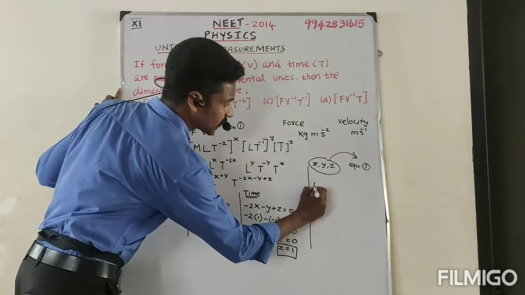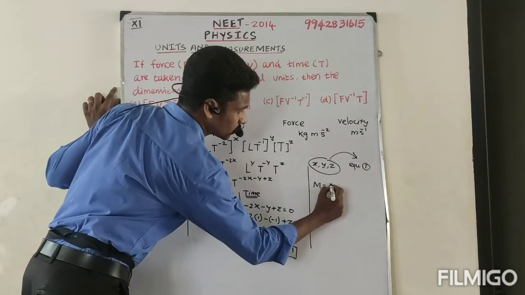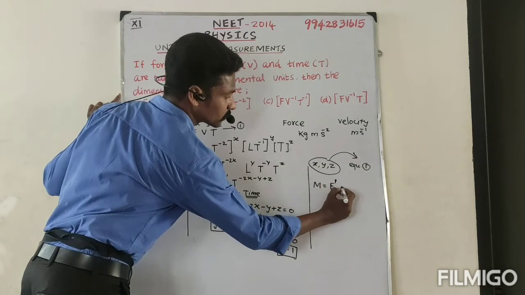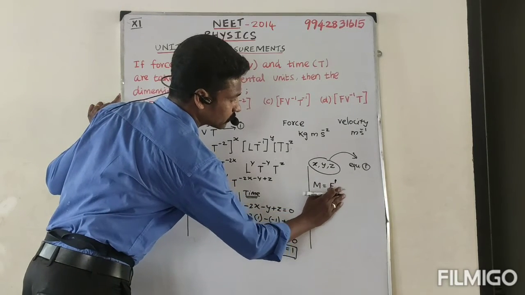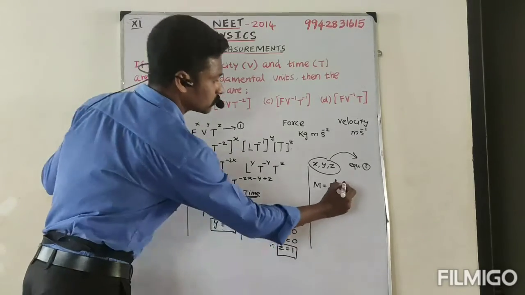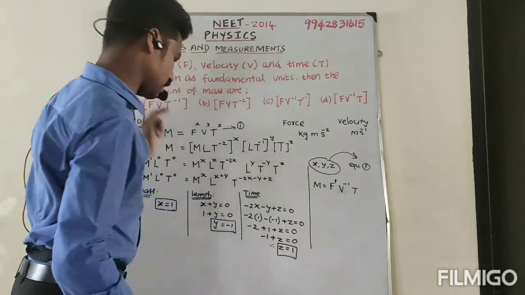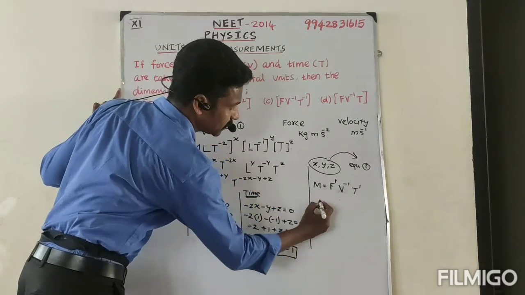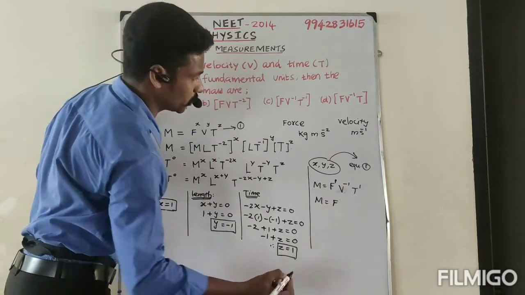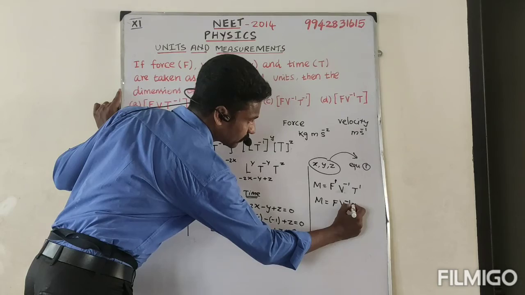So we can write m is equal to f power x. X value is 1. Then v power y. Y value is minus 1. Then next t power z. Z value is 1. So finally you can write m is equal to f power 1. So 1 no need to write. Then v power minus 1 we must write. Then t power 1 no need to write.